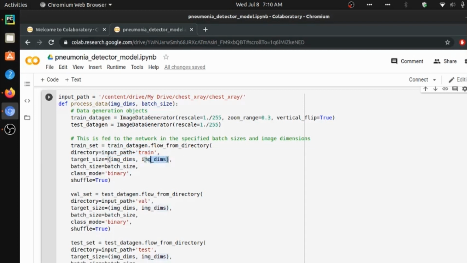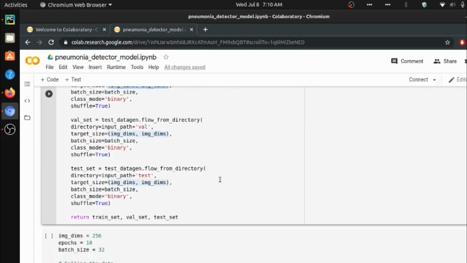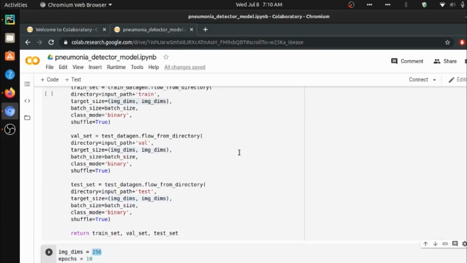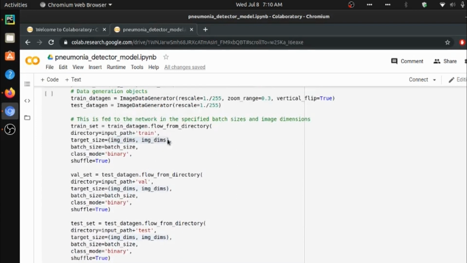The target size is image_dims, image_dims, that is, here we are specifying all of the images must be of consistent size, that is image_dims. And as you can see below, we have provided the size of image_dims as 256. So this is our target size.